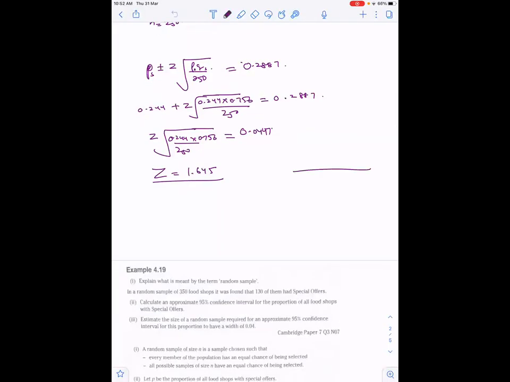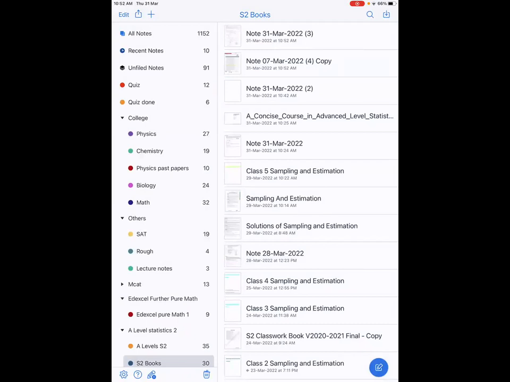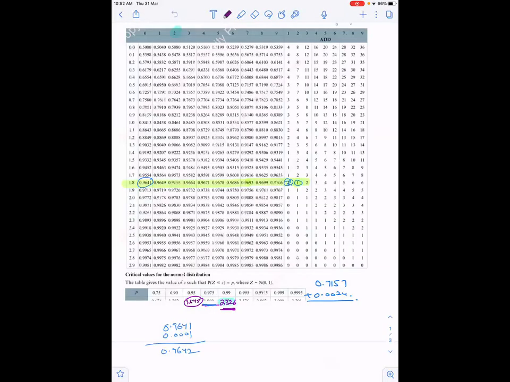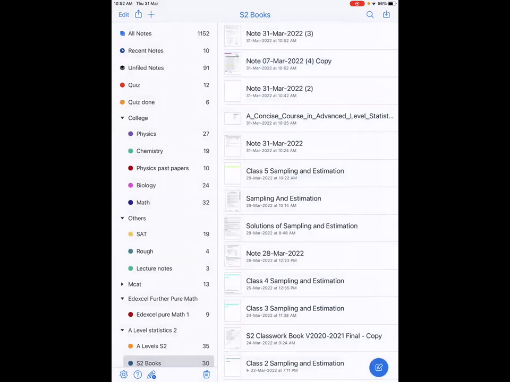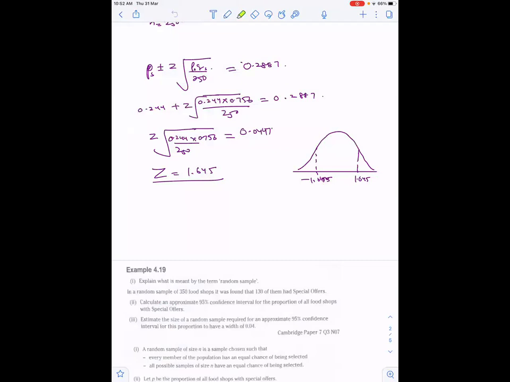Okay, that means the upper value of z is 1.645 and the lower value is minus 1.645. And this whole thing is 0.95.